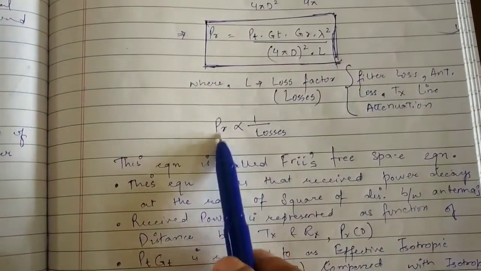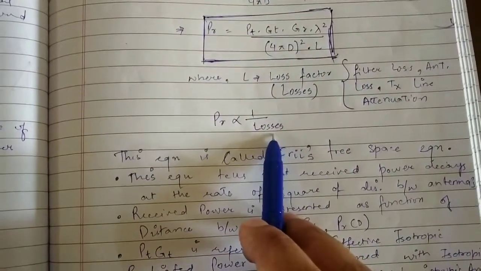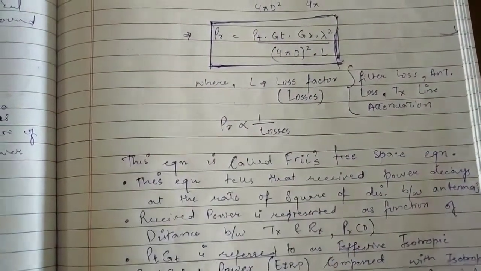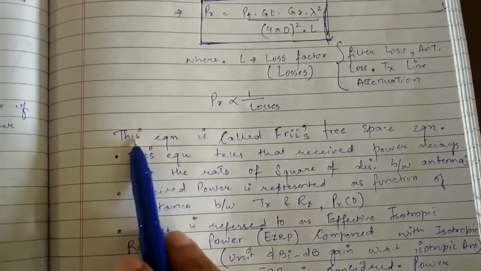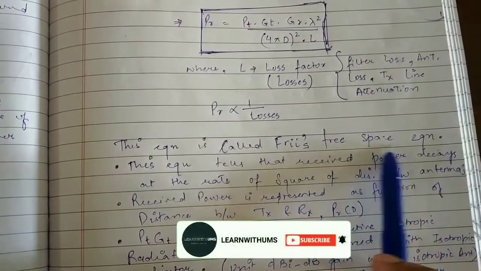So we get that the power received is inversely proportional to the losses. That is, as the losses increase, the power received decreases. This equation is called Friis' free space equation.